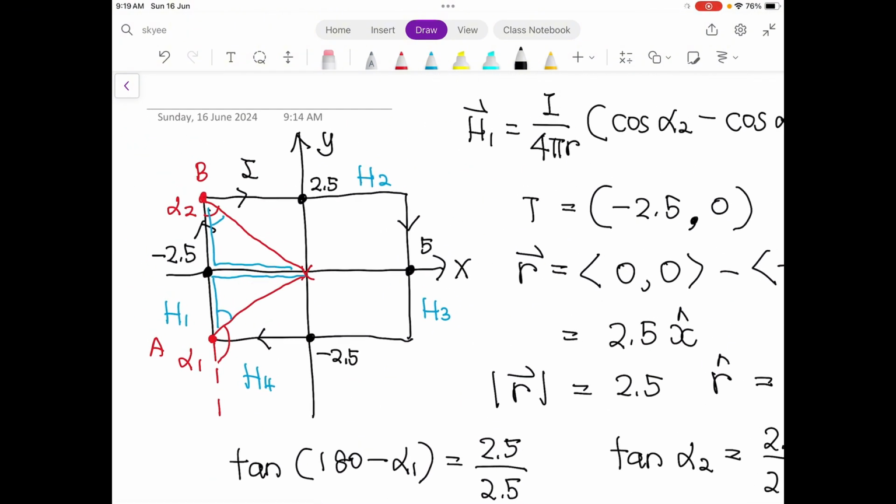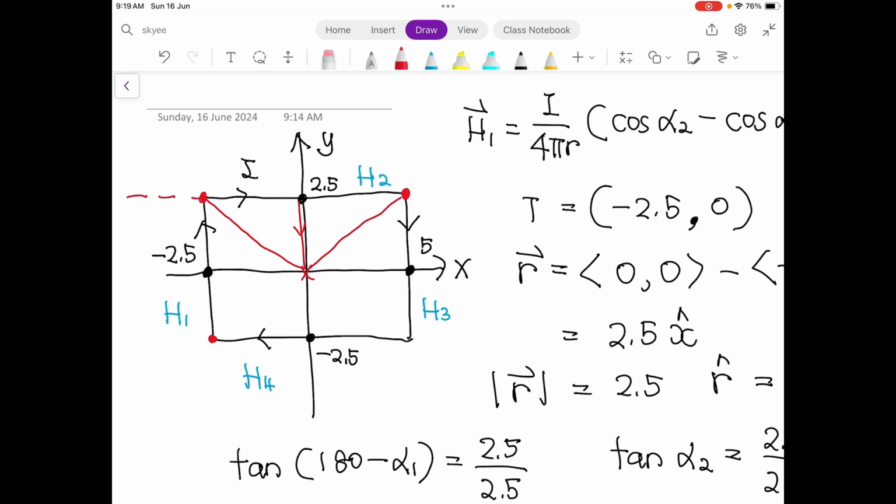Okay, we continue to H2. I erase H1 first. So H2 will be this one. Then I connect it. The unit vector r will be in the y direction, and the magnitude of r is 2.5.